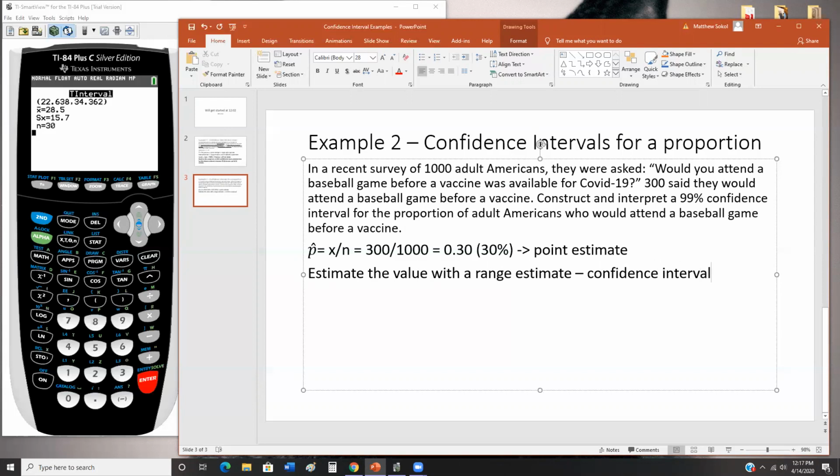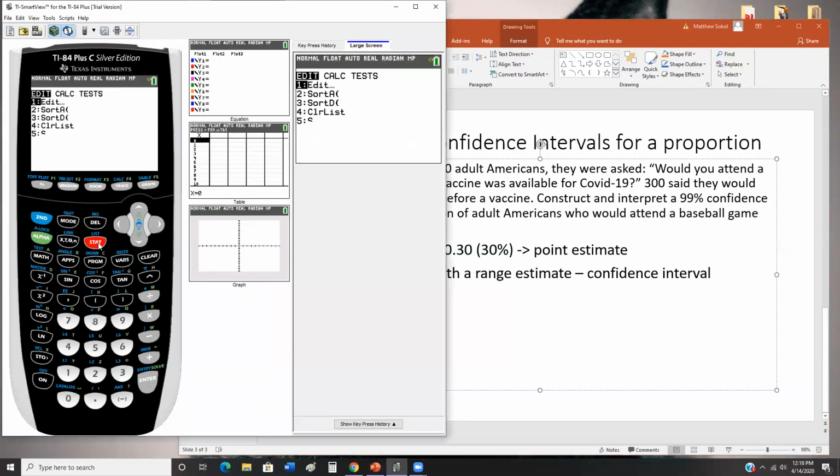So to figure out what this confidence interval is, you're going to press the stat button on your calculator. You're going to scroll over to tests, and this is important, you're going to scroll down until you see this option.